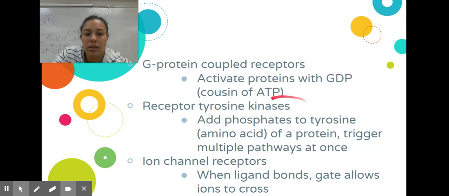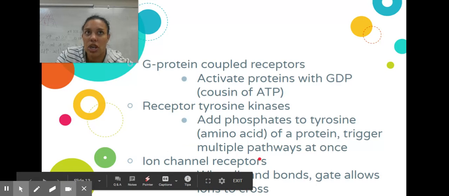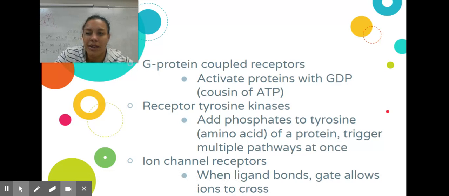Anything with kinase, as we talked about with the CDKs and cyclin in mitosis, right? Those CDKs are kinases. Those are specific receptor tyrosine kinases, where phosphates have to be added in order to trigger that transduction and response. And then there are ion channel receptors, which allow charged particles to pass through a gated ion channel.